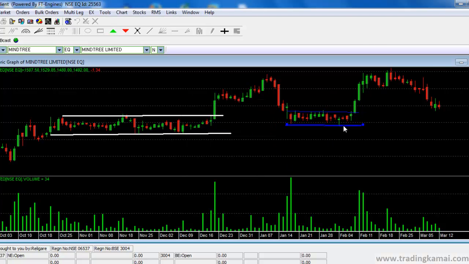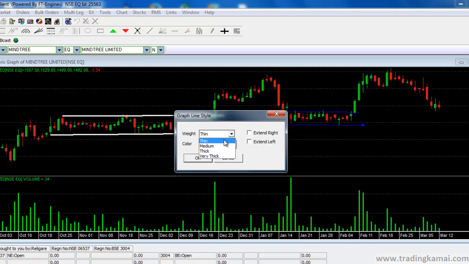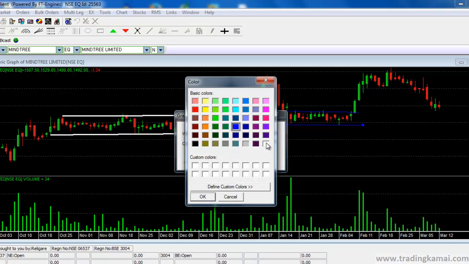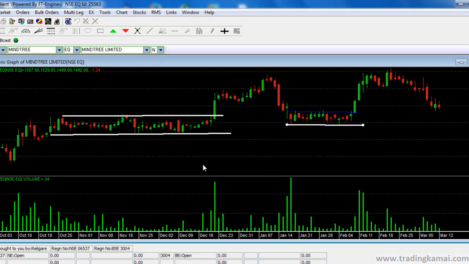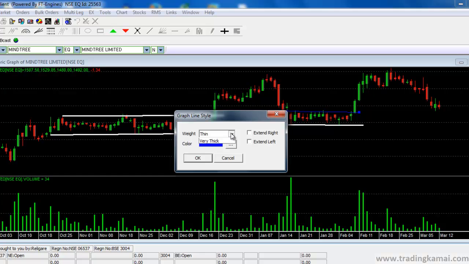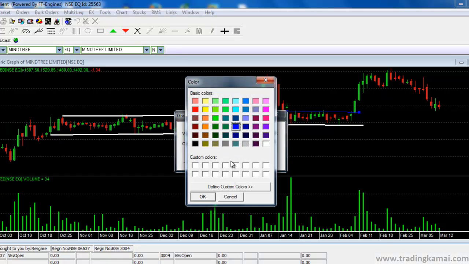So a thick white line, and a thick white line. I've just drawn the approximate lines here, and I'll tell you why.